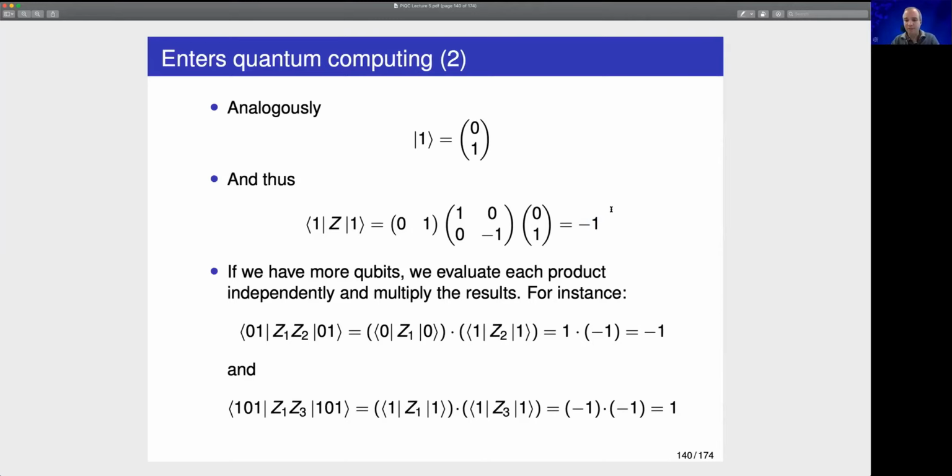Because you see that from the state of a qubit, I can obtain 1 or -1, which is the value of the variable corresponding to that assignment of the vertex, okay?